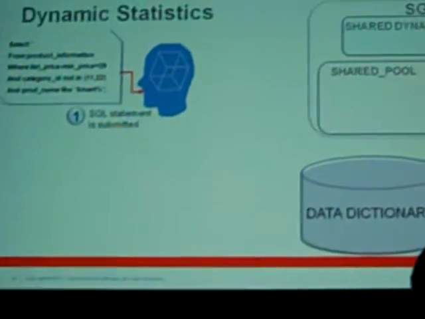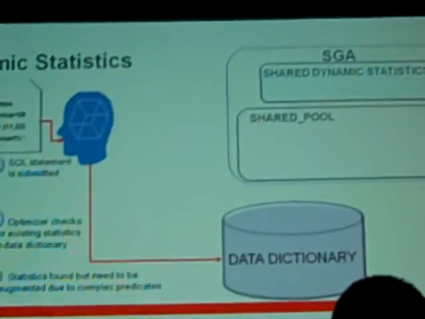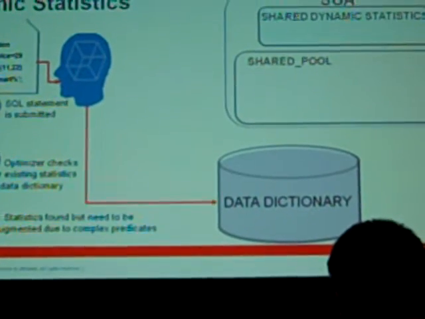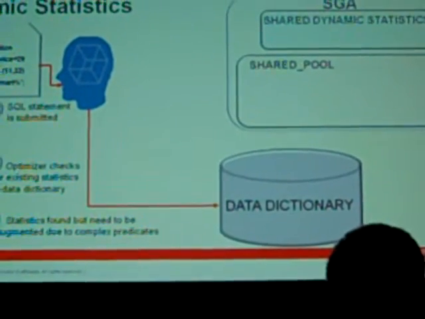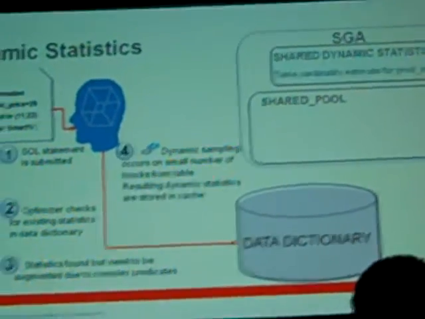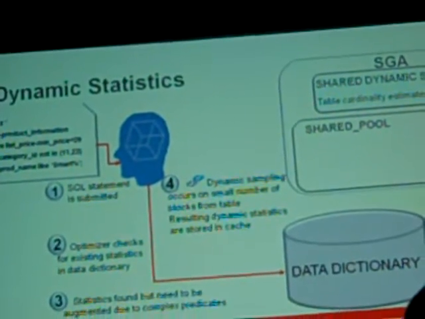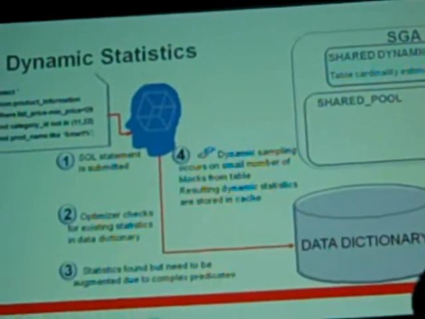But when you submit that query, the optimizer is going to check what statistics do I have on the product information table. It does find statistics on that object, but with those complex predicates, those statistics may not be enough to get us an accurate cardinality estimate. So the optimizer is going to engage dynamic sampling. It's going to use the new level that Tom talked about in his session earlier on.